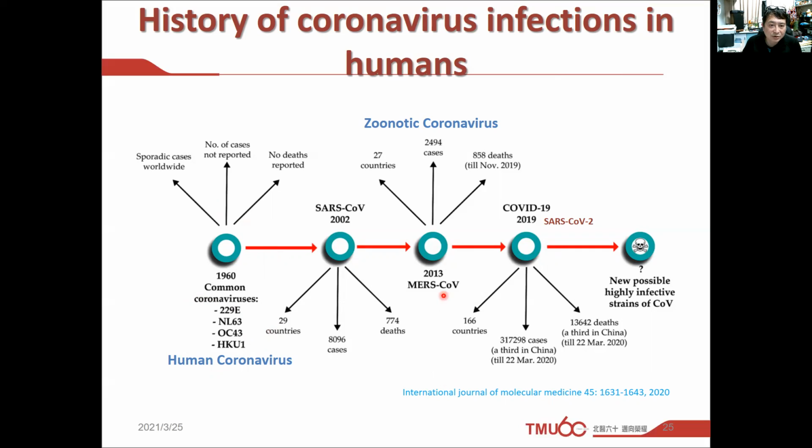However, for zoonotic coronavirus, so far 3 types have been reported and caused a lot of fatality in the past. The first one is the SARS-CoV virus, discovered in 2002, and another one is the MERS-CoV, discovered in 2013.